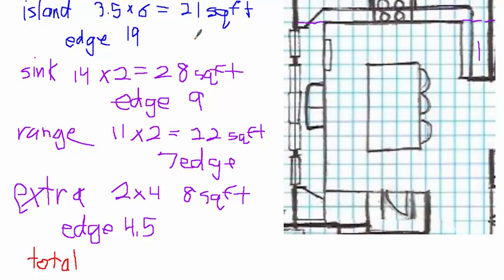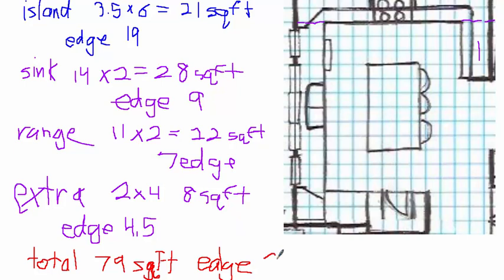So I have a 79 square foot. So for the edge, I'm again going to add everything up. So I have 19 plus 9 plus 7 plus 4.5. And I have an edge of 39.5.